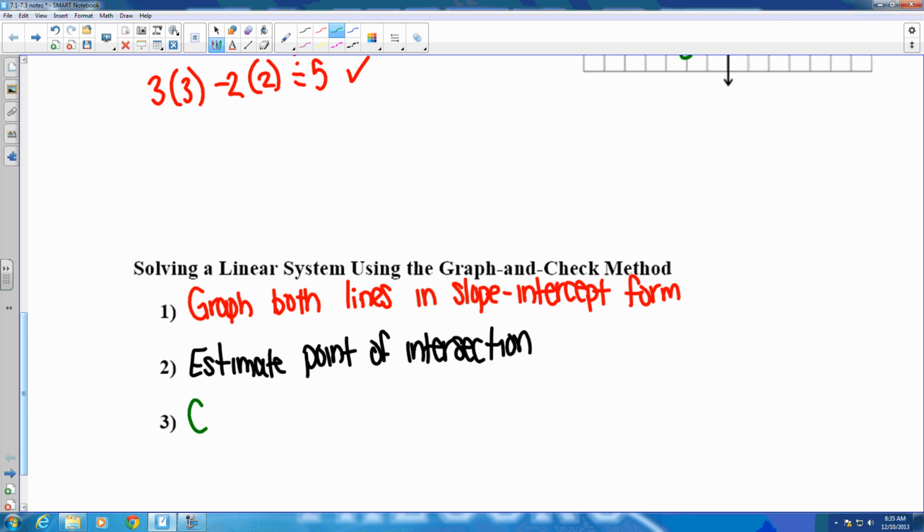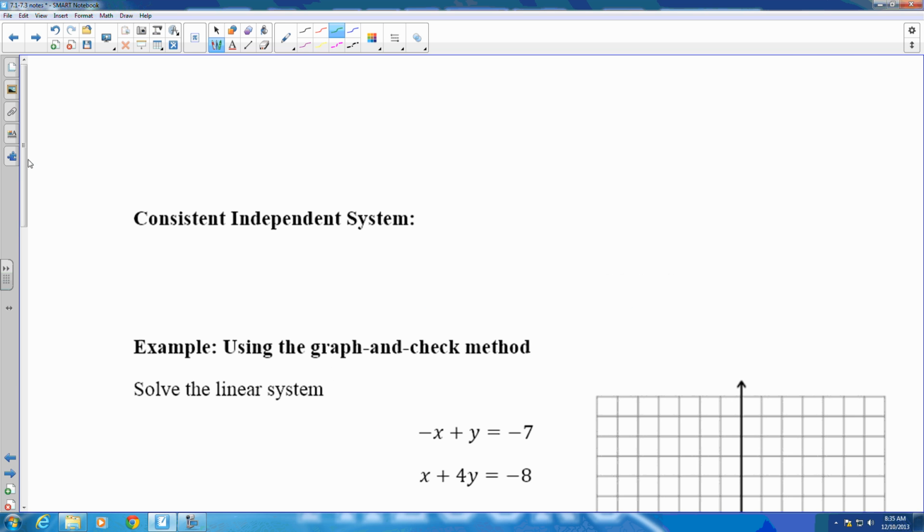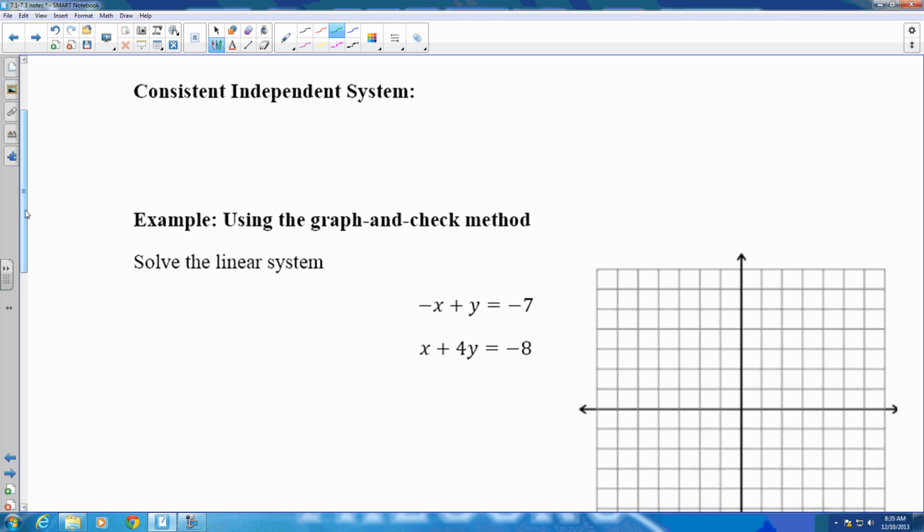Then we're going to check it algebraically, like we just did. A consistent independent system is a system that has exactly one solution, so it's going to intersect at exactly one point, just like our last system did.